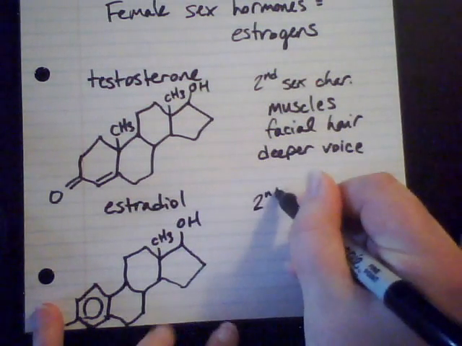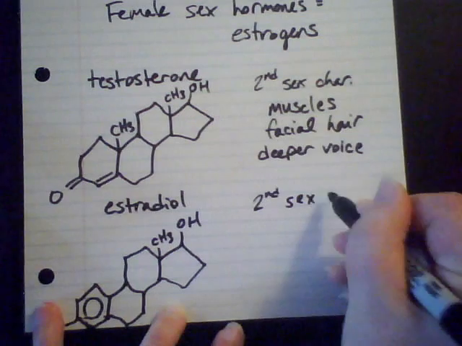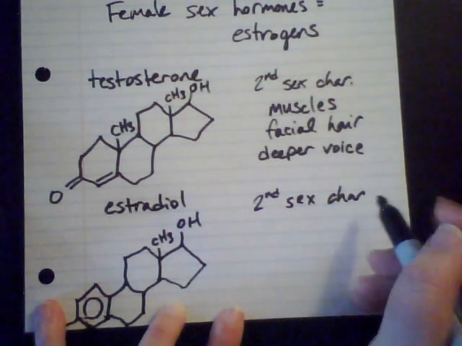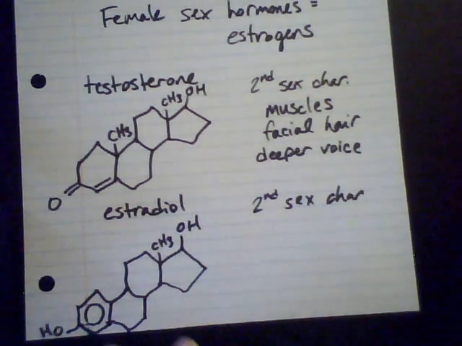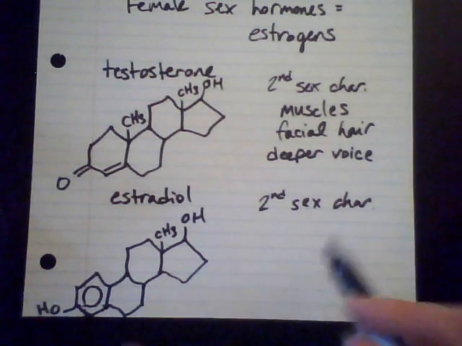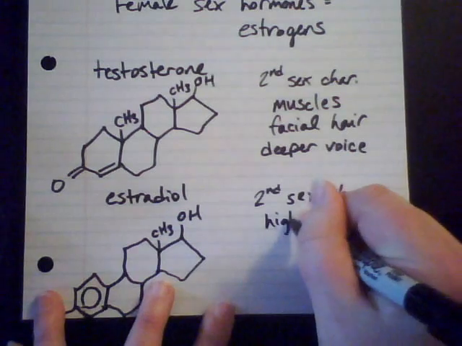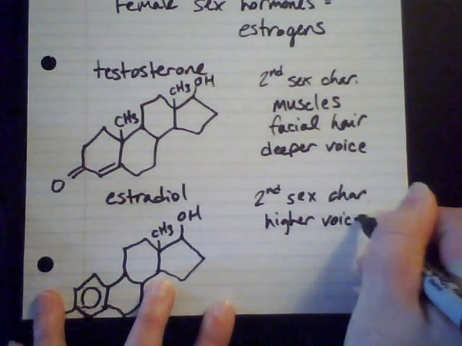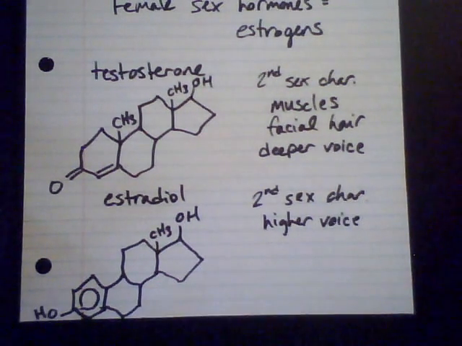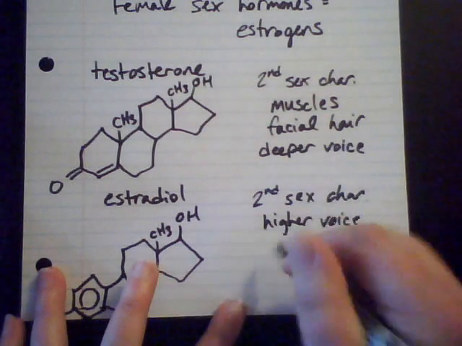It's responsible for the secondary sex characteristics for females. Some of the secondary sex characteristics for females are higher voices. So instead of deepening, your voice tends to stay a little bit on the higher side. This prevents us from getting facial hair.